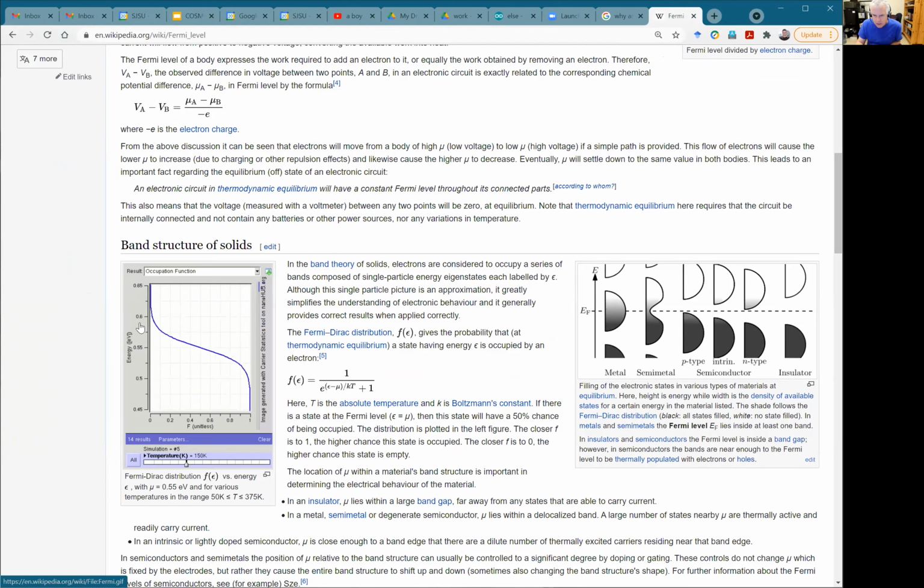But as temperature goes up, it stretches out. And this is the functional form, called the Fermi-Dirac distribution. It's super important in science, in basically all solid state science. This distribution tells you the state occupancy relative to the Fermi level given uniform density of states, right?